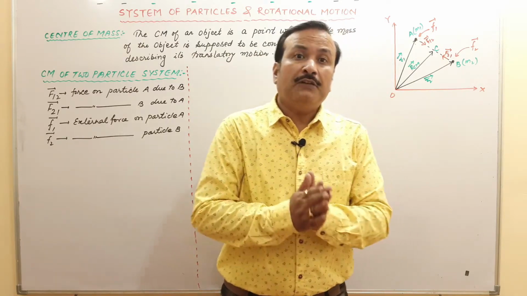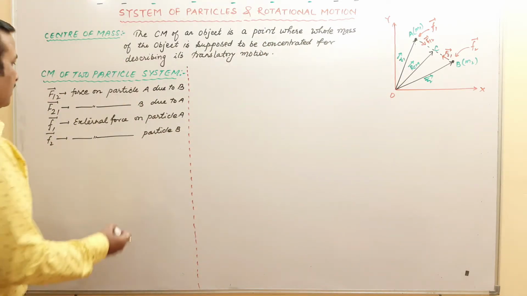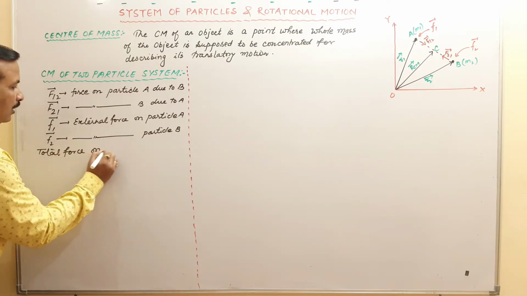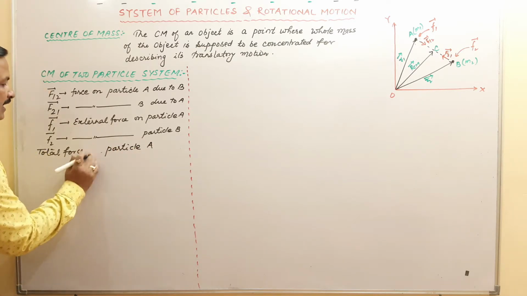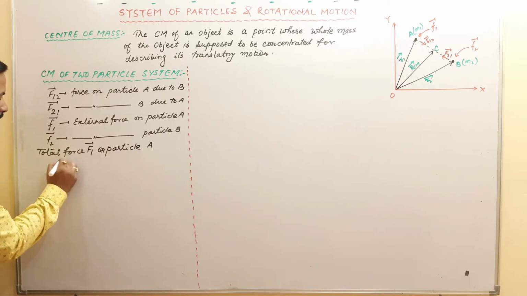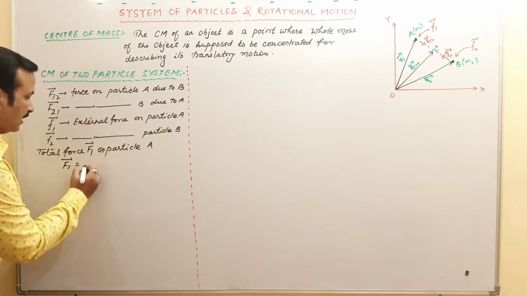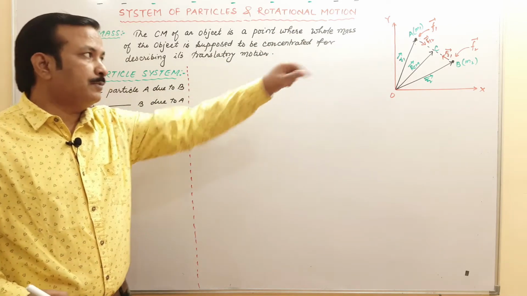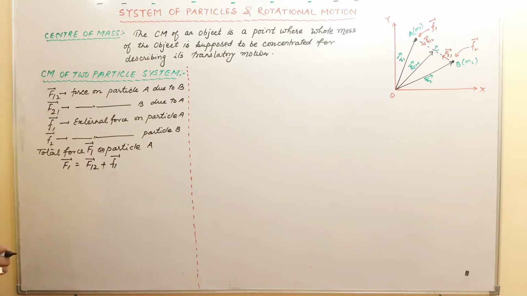Total force acting on the first particle, how much can we write? Total force on particle A: one is B exerting force on A, that we can write as F12, plus an external force, which we have written as F1.